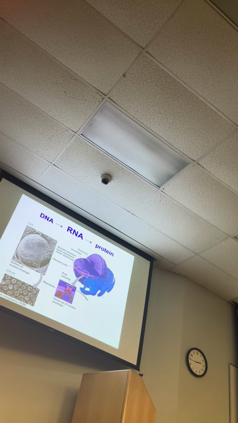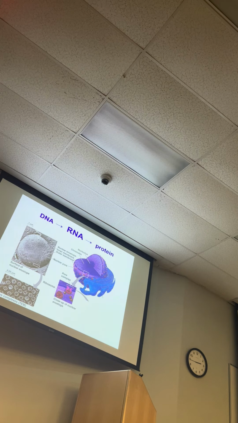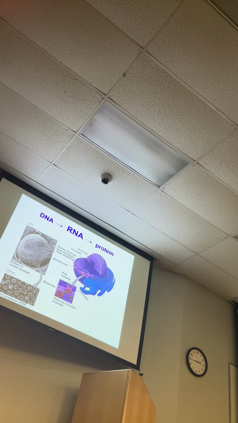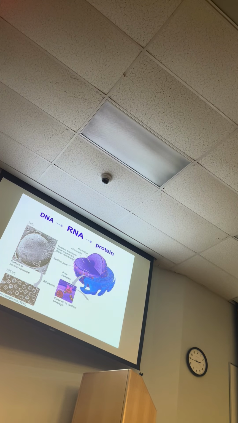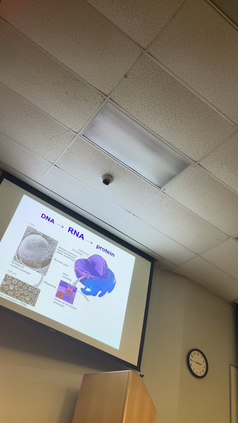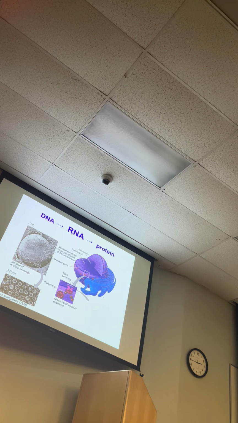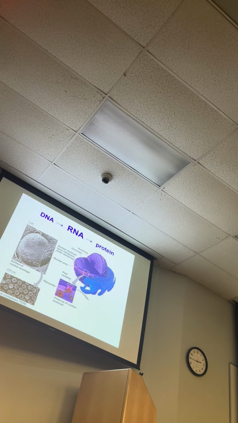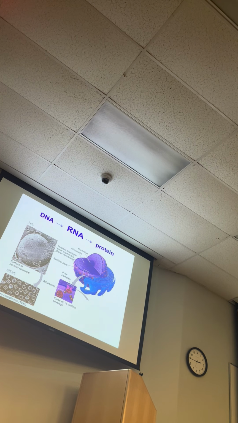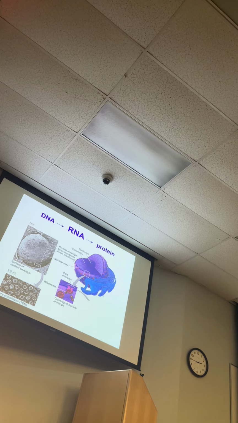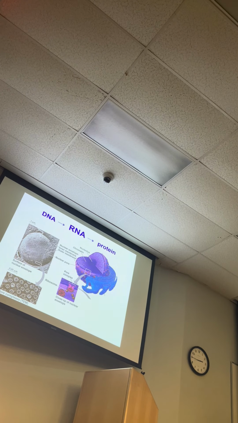The nucleus is going to serve as a store of information. It's the administrative office where the information is and the decisions are made. What are we going to do? Well, then the instructions are sent to the factory floor, the cytosol, where things can be executed, where things can actually happen.